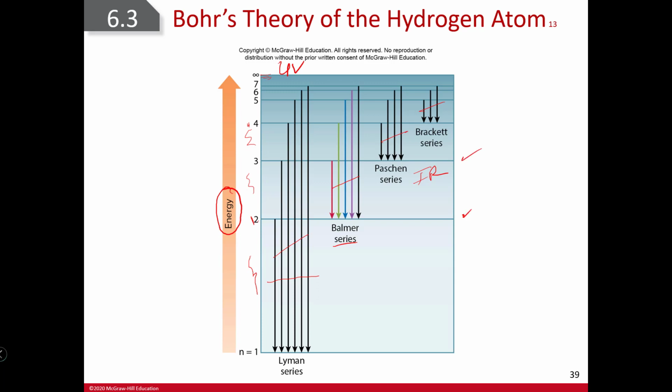This is an excited state. When it falls back down to a lower energy level, a certain frequency of radiation is released, which represents also a certain wavelength, and that's how we can determine the amount of energy between these two levels. So that'll be delta E.